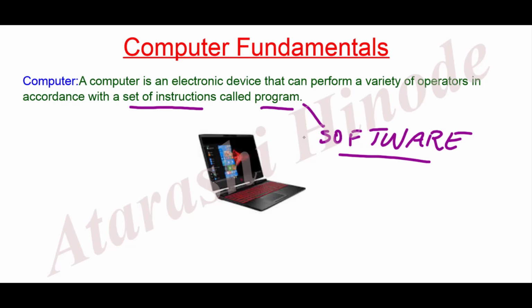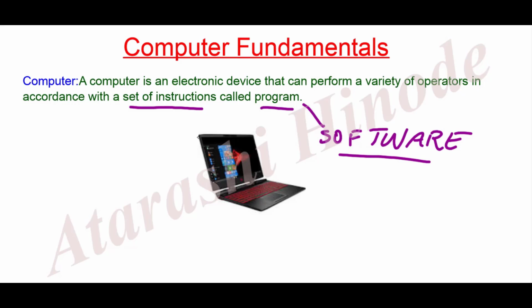So these softwares are read by the computer, and this is how they perform browsing. These sets of instructions help computers to perform functions such as watching videos, reading ebooks, or browsing. Computers can understand only these softwares or programs.